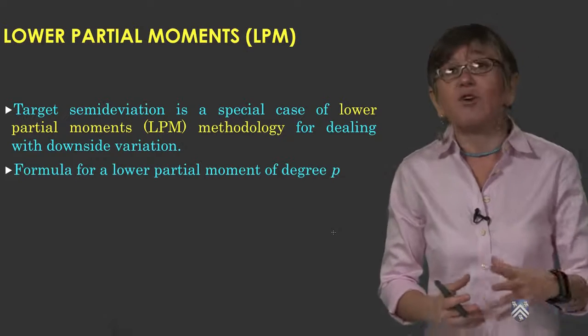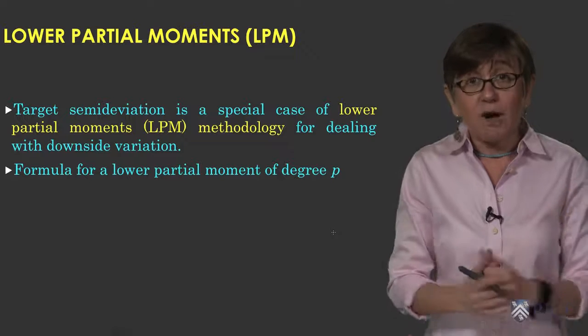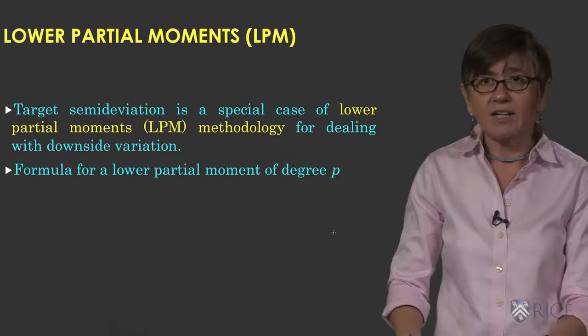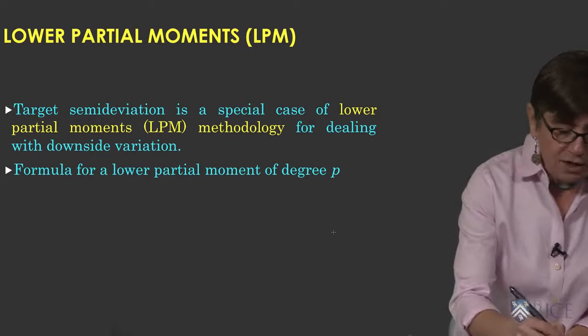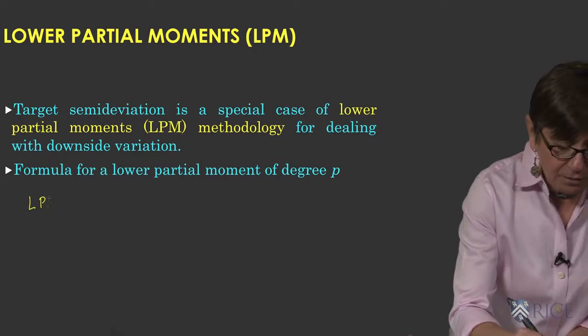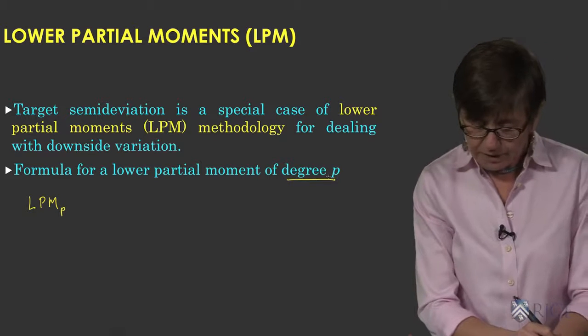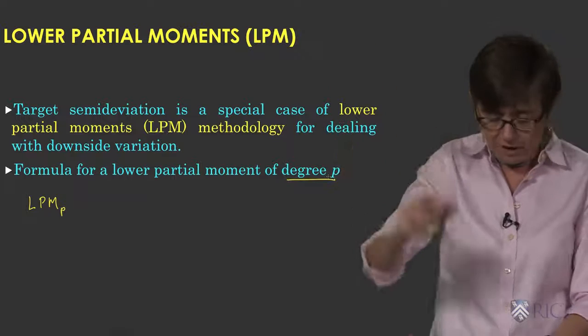So the formula for computing the lower partial moments of any degree p, for a given target, is given by, let me denote the LPM p for any degree p. For variance, it's going to be 2, obviously.